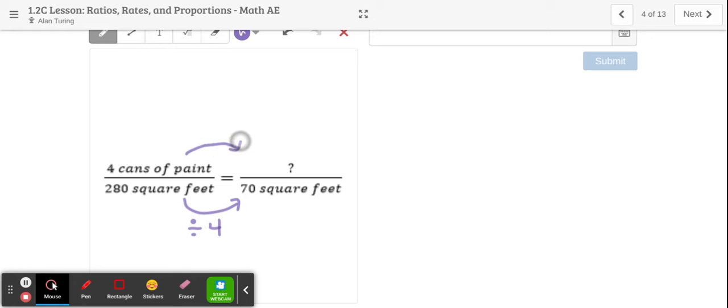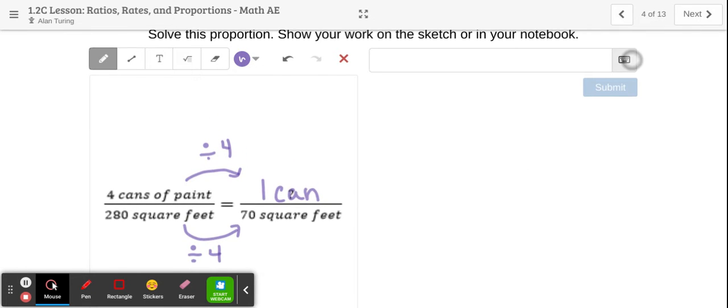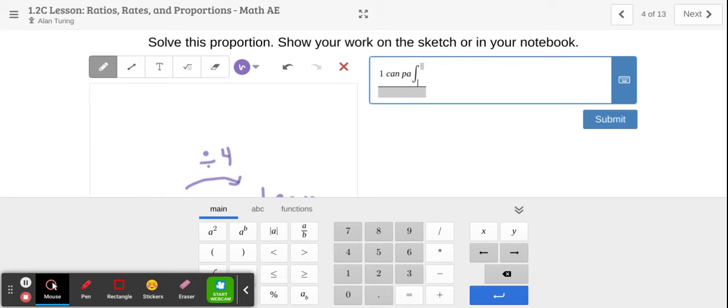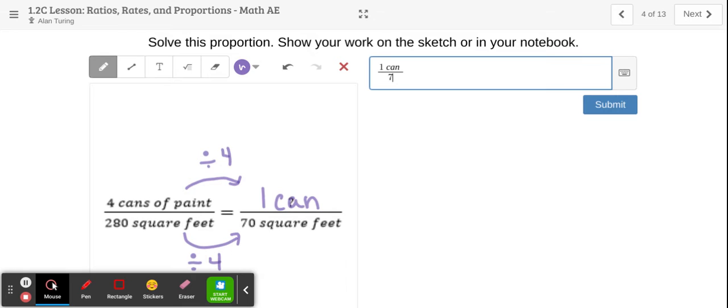So then divide the numerator by 4. 4 divided by 4 would be 1 can. So 1 can of paint to 70 square feet.